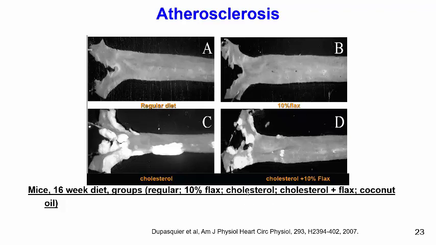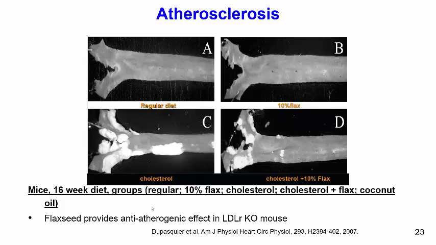Another group had their diet supplemented with cholesterol, and a fourth group had their diet supplemented with cholesterol and flax. They had another group that had their diet supplemented with coconut oil, but they did not report the results of that particular group.